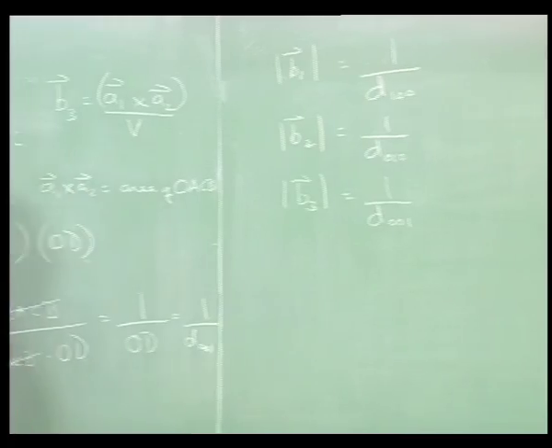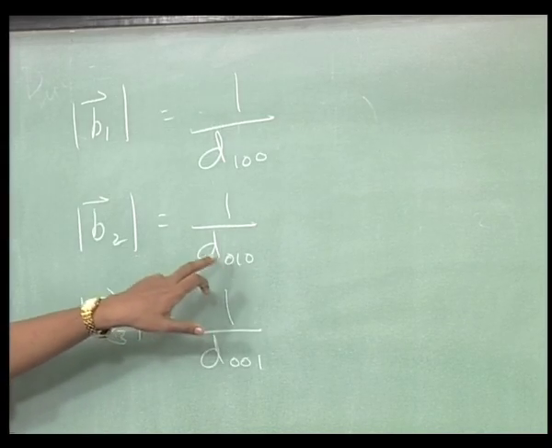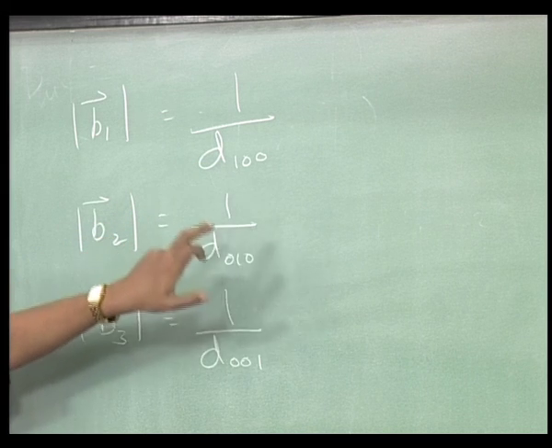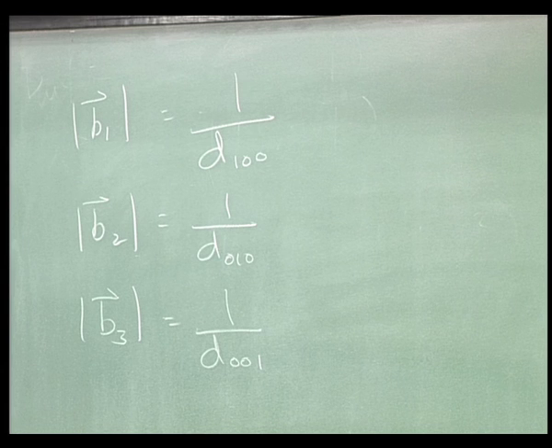So B1, B2 and B3 are inversely proportional to the spacing of those planes 1 0 0, 0 1 0 and 0 0 1 planes. So by way of our definition we have created this situation, okay. It did not arbitrarily occur, since we defined it this way, this is the way it has occurred, okay.